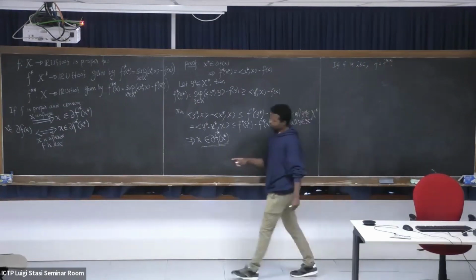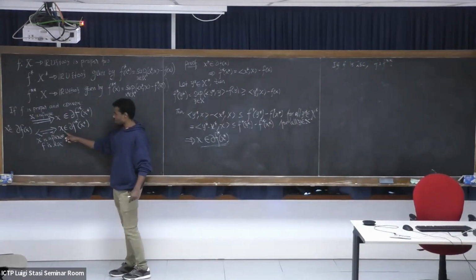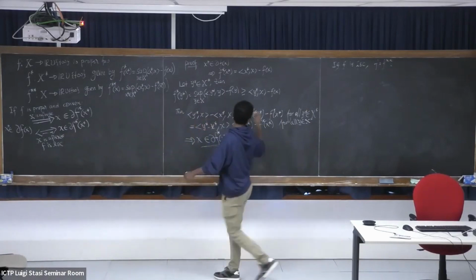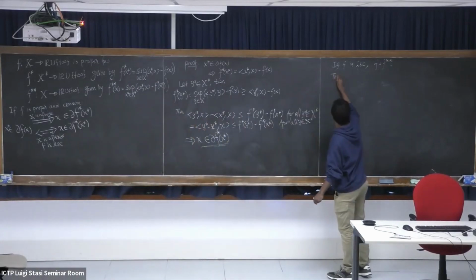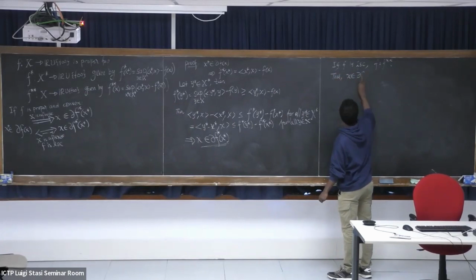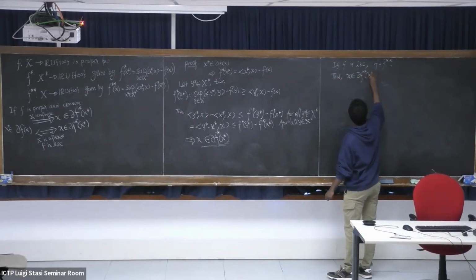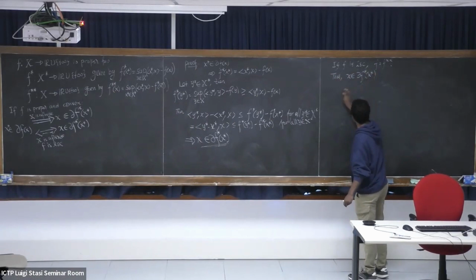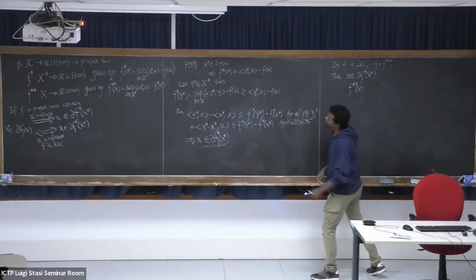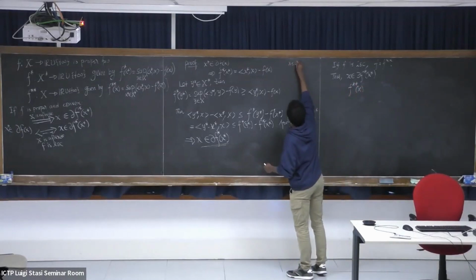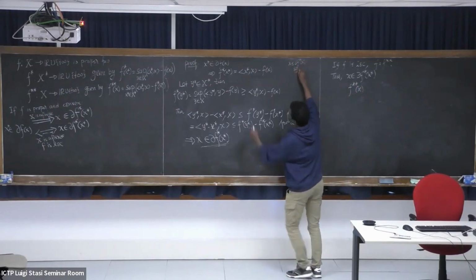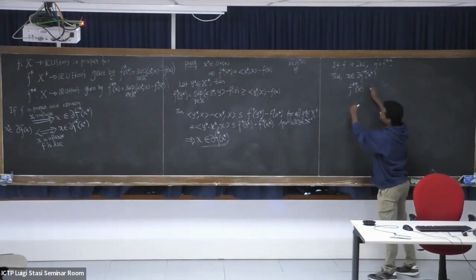So assuming that x star is an element of the subdifferential, meaning that by one of our theorems, x is an element of the subdifferential of f double star, if and only if it is satisfied. That's what I'm repeatedly using here.